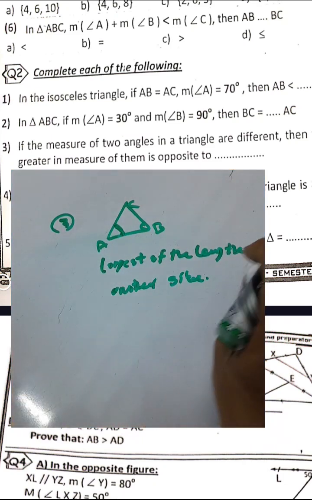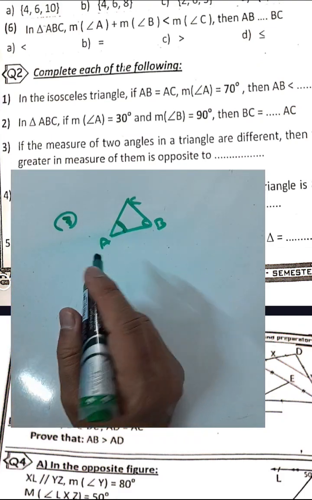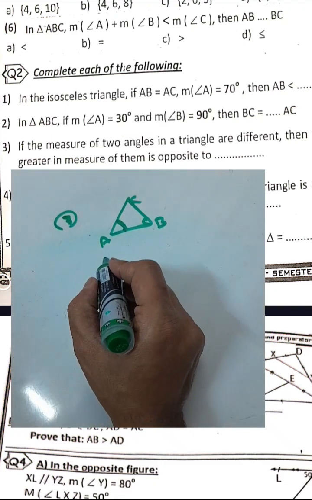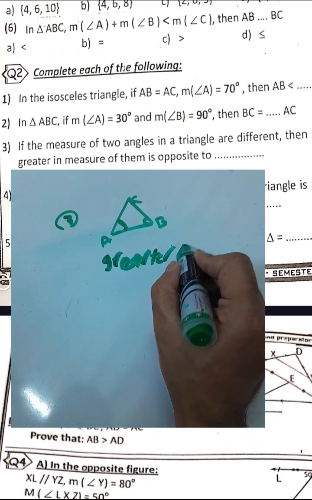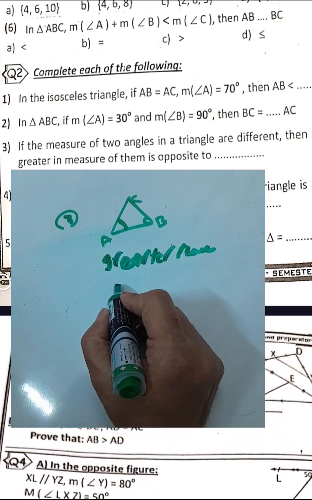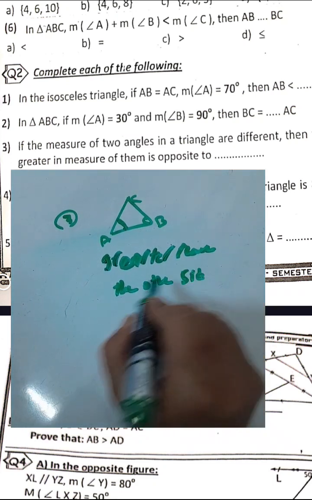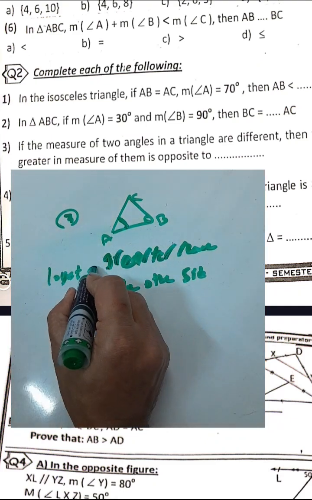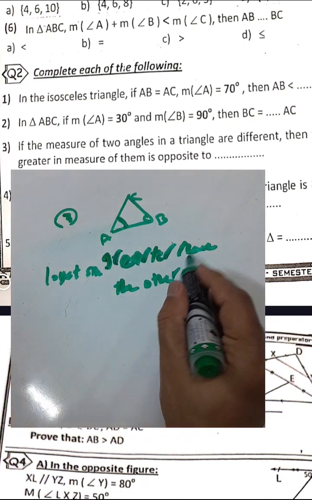Or we can write longer than. The greater in measure of them is opposite to the side that is longer than the other side.